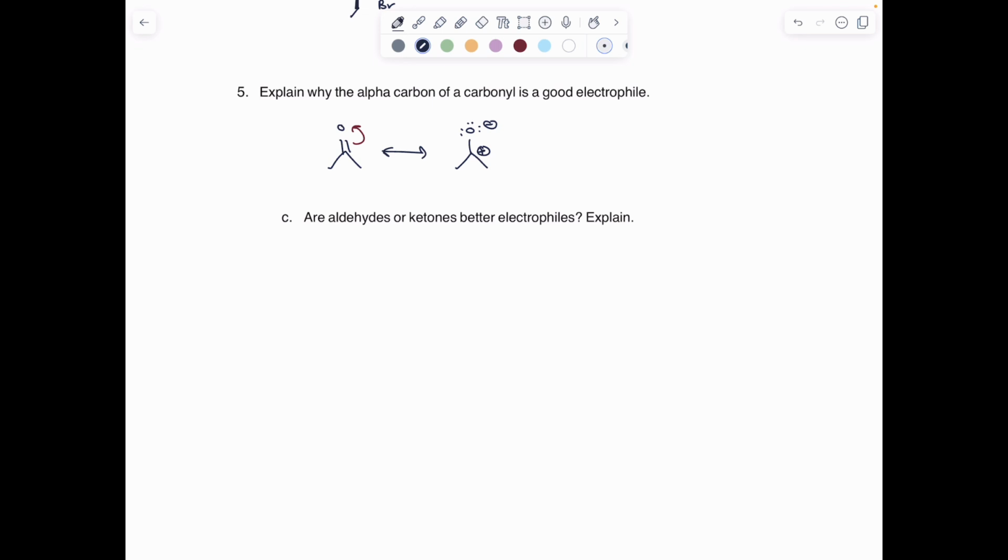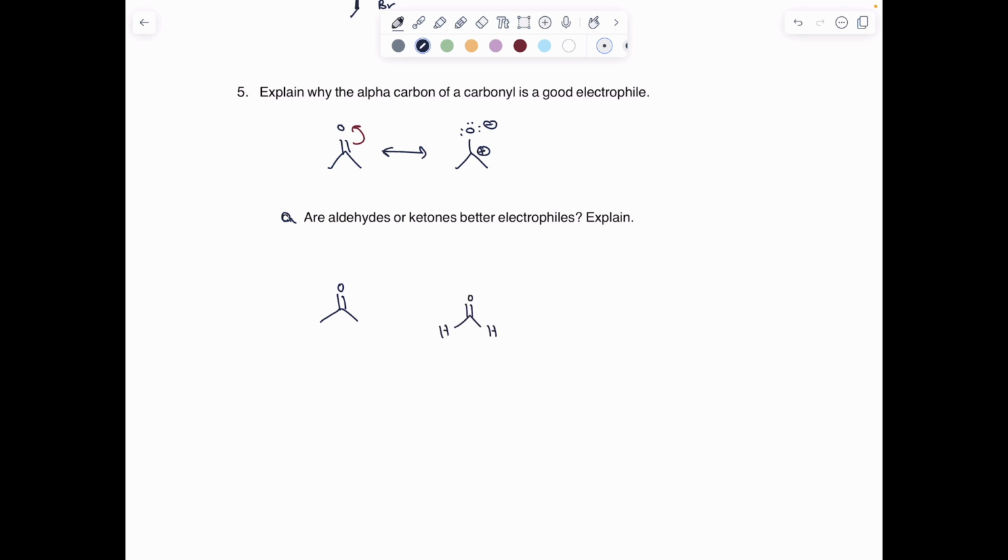And this says part C, but it's just part A of 5. Are aldehydes or ketones better electrophiles? Explain your reasoning. So again, if I were to draw both of these out, let's do just the simplest ketone versus the simplest aldehyde.